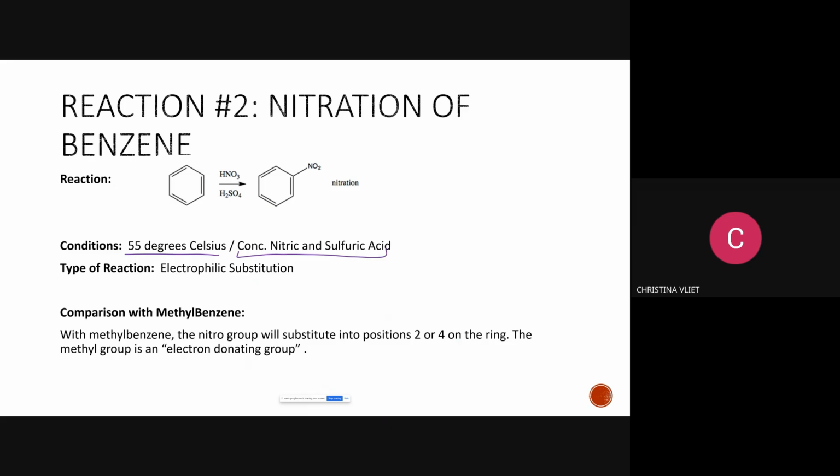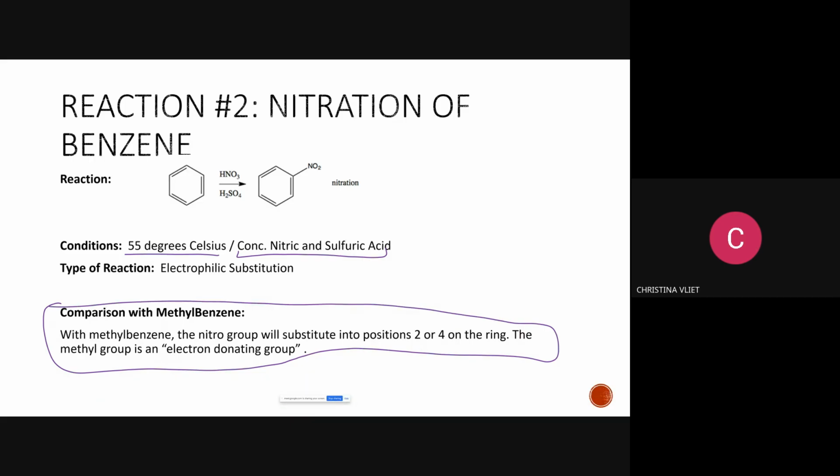So comparison with a methylbenzene. With a methylbenzene, you're still going to get the nitro group into position 2 or 4 because methylbenzene is an electron donating group. So just as a reminder, if I had CH3 here, with HNO3, H2SO4, and 55 degrees Celsius, I would have a mixture of products, this or this.